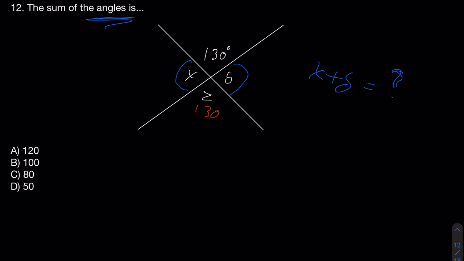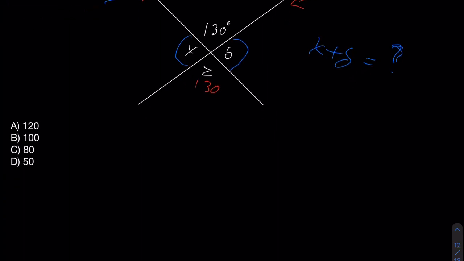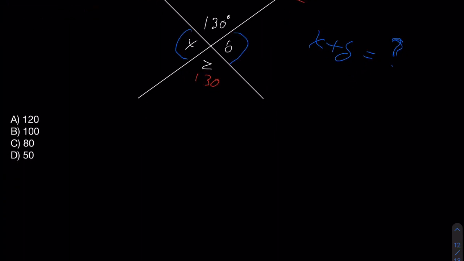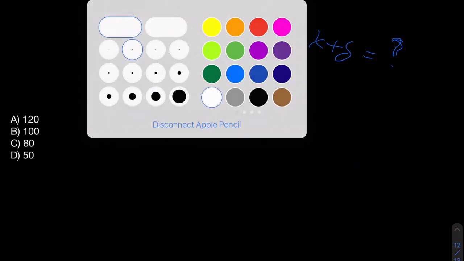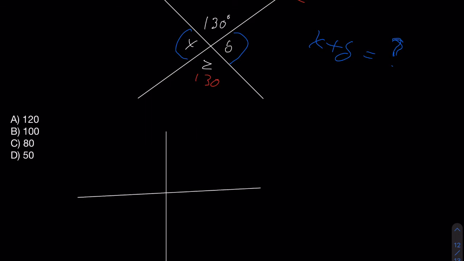And finding the other two is actually simple, because this shape is an X, and if you rotate it a little bit to that side, it's going to look like a cross. And we know that there's 130 on this side, and 130 on this side.